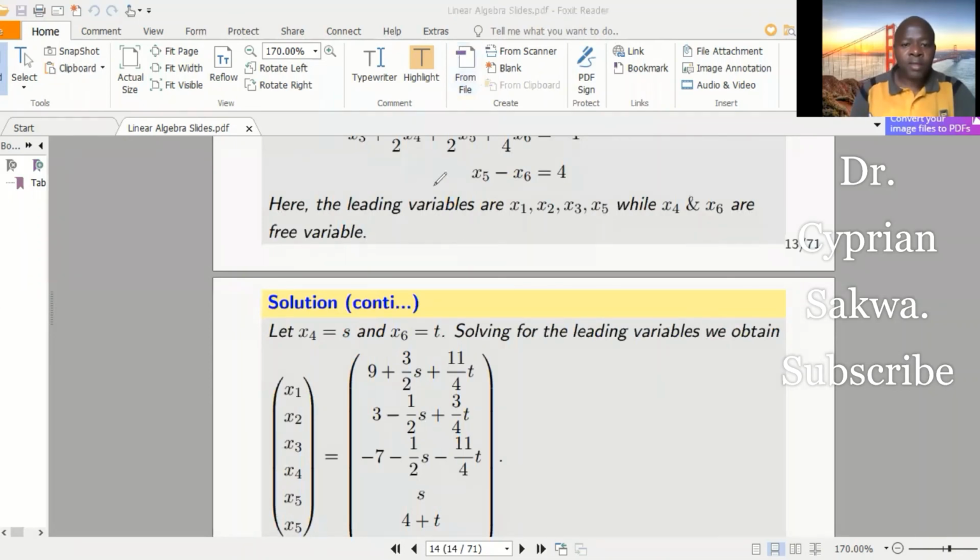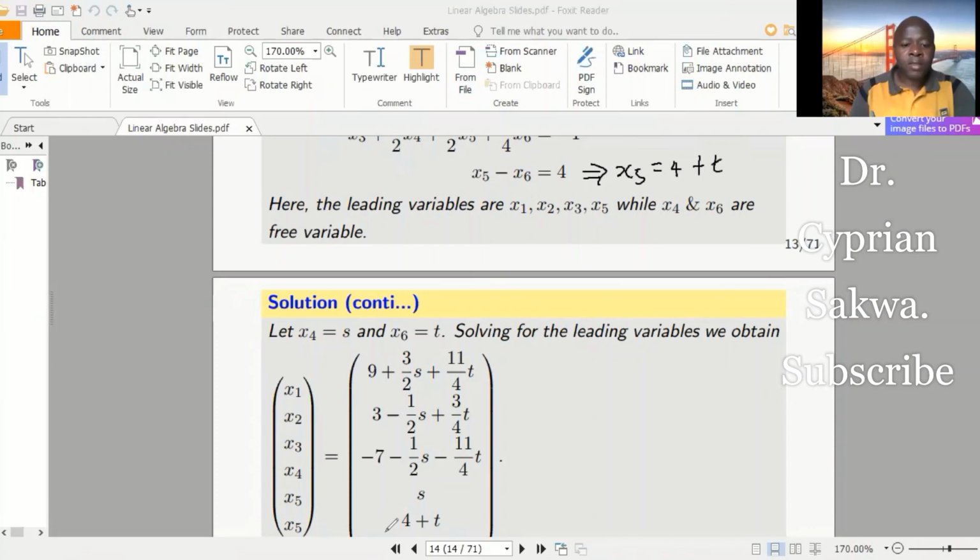If you begin from here, x5 will be 4 plus x6, but x6 is t.